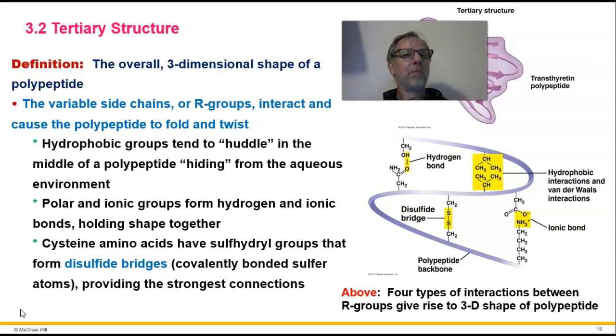All right, well now we've come to the tertiary or third level of structure that builds a protein. The definition of the tertiary level of structure is the overall three-dimensional shape of a polypeptide. You should recognize that and be able to write it out. This overall three-dimensional shape is a result of the R groups or remainder groups interacting and forming different kinds of bonds.